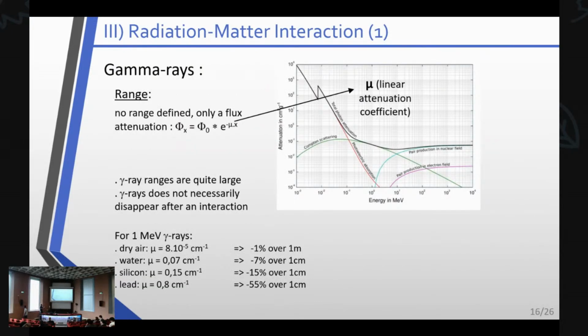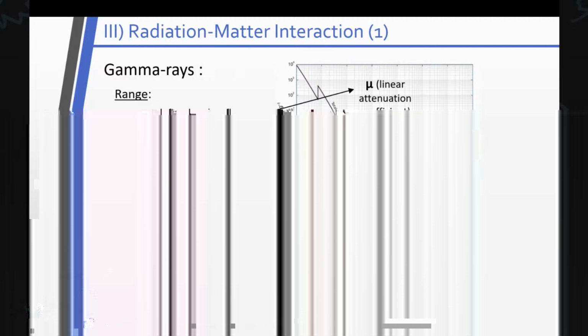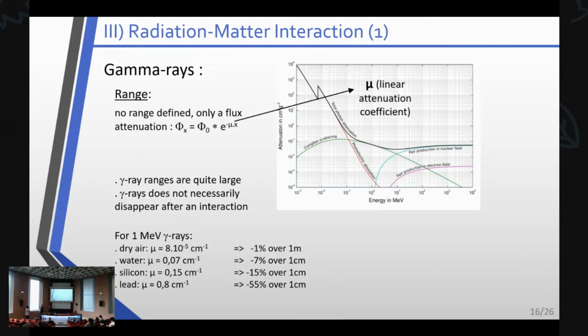And for gamma rays, you can see that for one centimeter of lead, you reduce your flux by 50%. It means that 1 centimeter is 50%, 2 centimeters, 75%, 10 centimeters, a factor of 1,000.